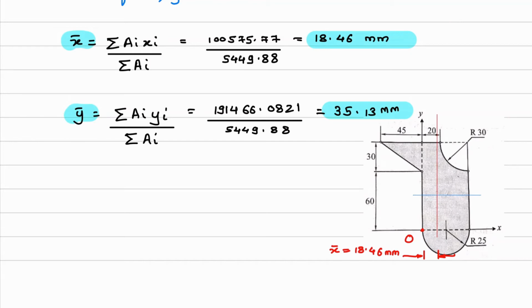So this vertical height will be y bar. And this is centroid G. Y bar is equal to 35.13 mm. So we have completed this numerical.